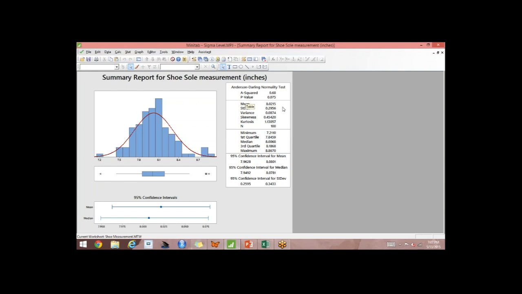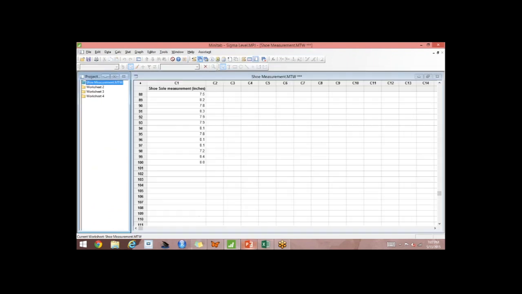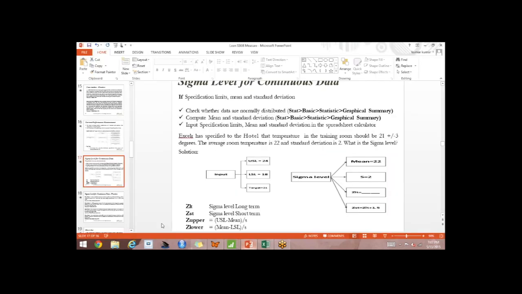All right. So now I know the mean, I know the standard deviation. I know that the data are normally distributed. And also from the case study, let me go to the worksheet. Where is the case study? Let me go to the case study.